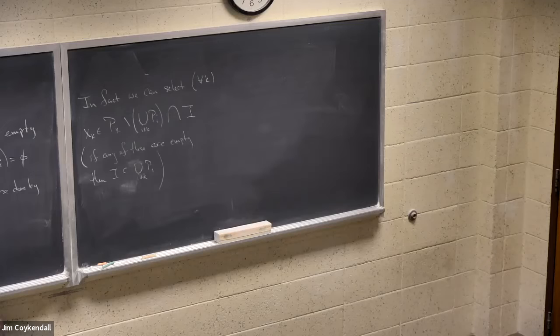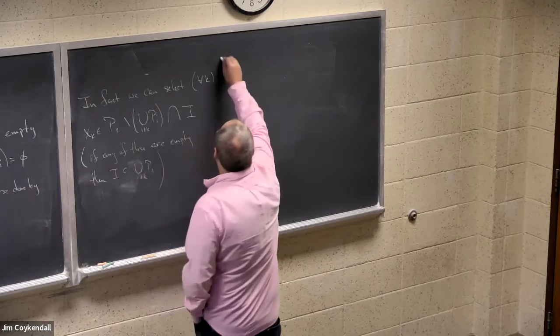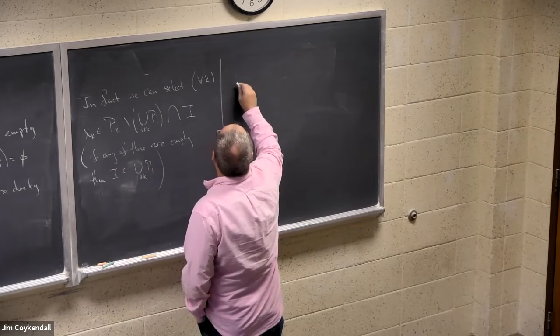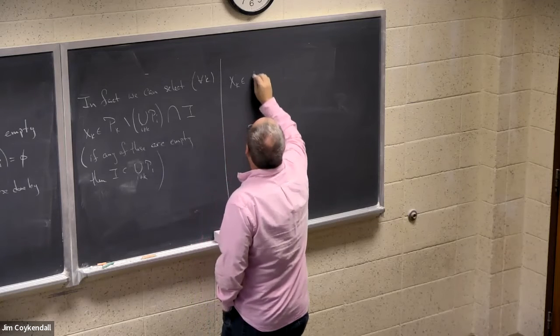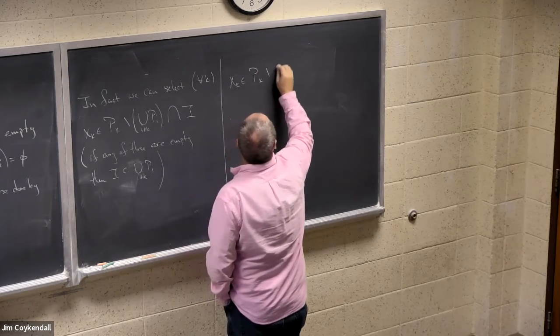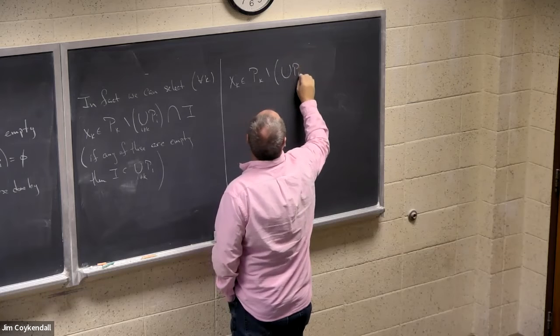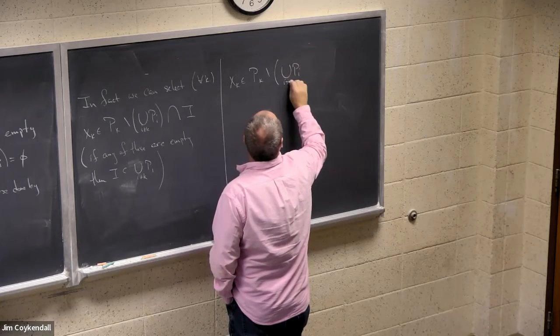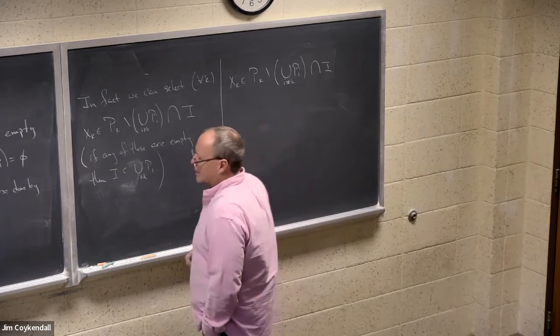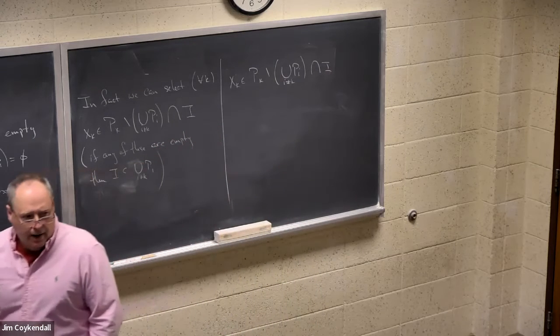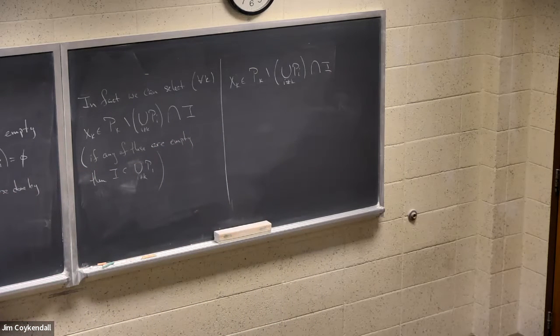So let's make this selection. Recall we picked xk in pk, but not the union of the others. Now I'm going to take this apart, and I'm going to do this for n equals 2 and then bigger.